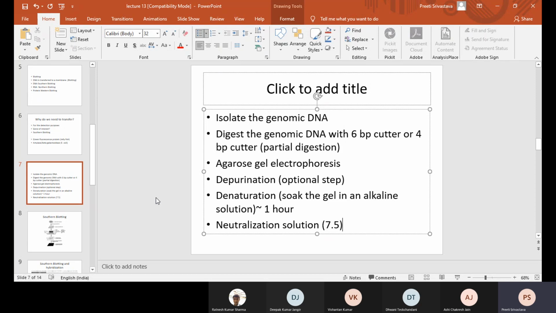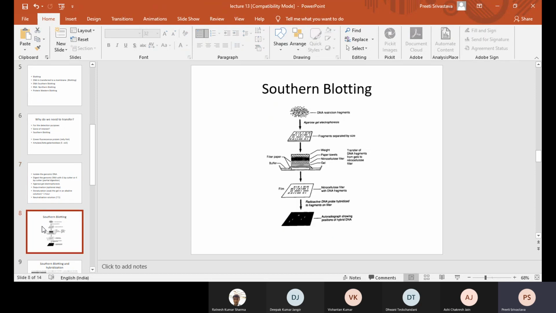The idea is, class, when we do the denaturation, the DNA becomes denatured. So when we now transfer the DNA onto the membrane, one of the strands gets transferred, as shown here. If the DNA is completely double stranded and you allow it to transfer, the transfer will not be possible.